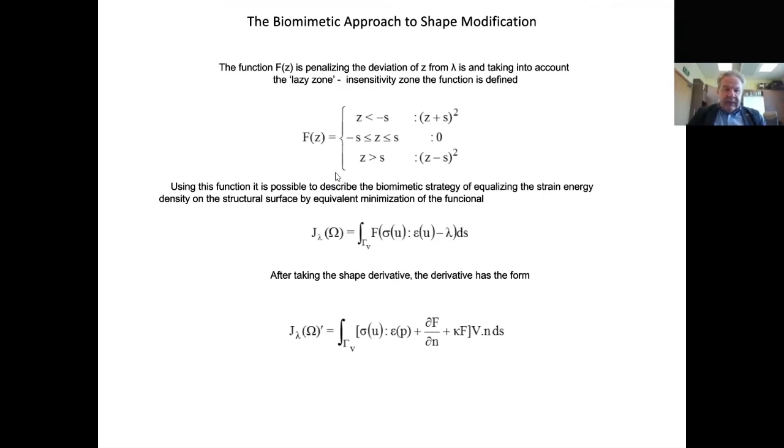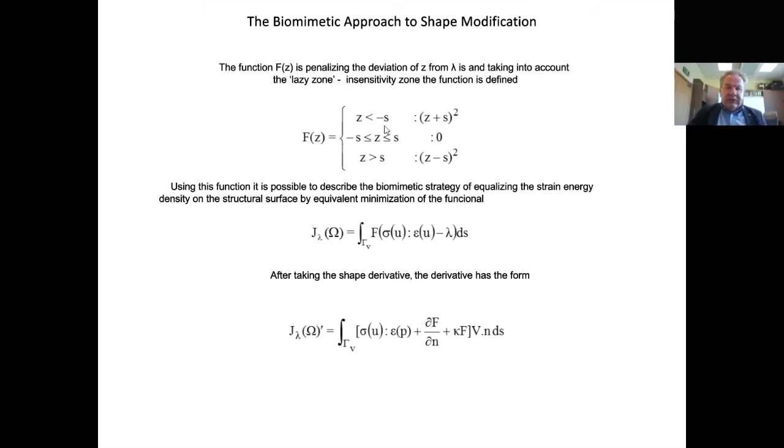Instead of just producing the information or changing the value of the strain energy density directly, we just want to minimize the deviation from this value for the whole structure.